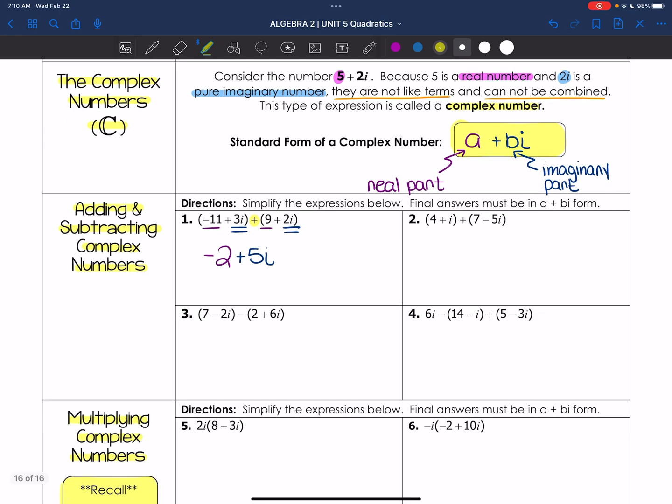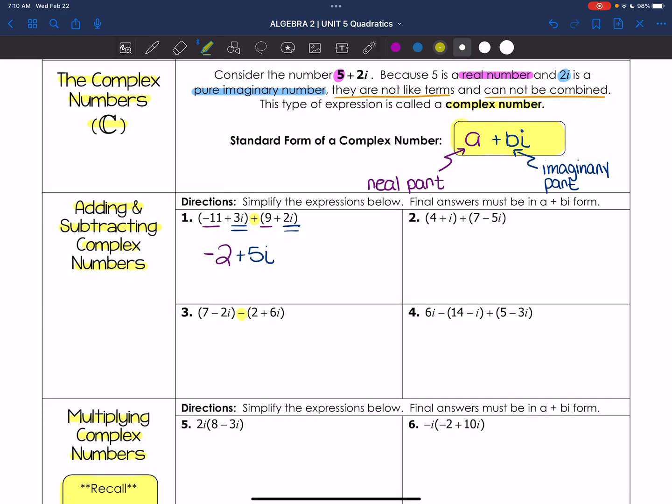Look at example number 3, and can you tell me how this is different than example number 1? The difference is that we are taking the difference. So when we look at combining those terms, it's 7 minus 2, which is 5.